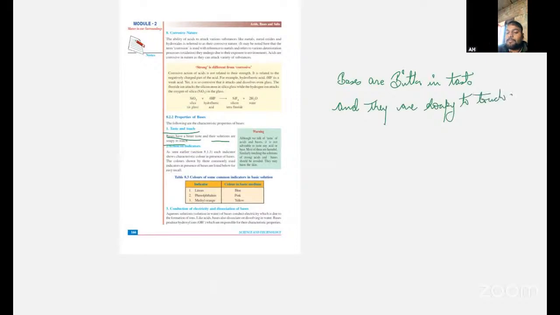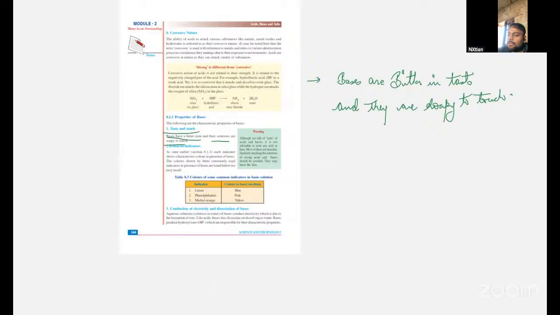What's the difference between strong and corrosive? Strong and corrosive are similar words, they are resemblance type of words. Corrosive means dangerous, it means they degrade metal.